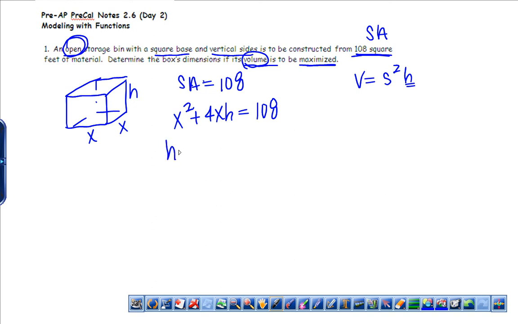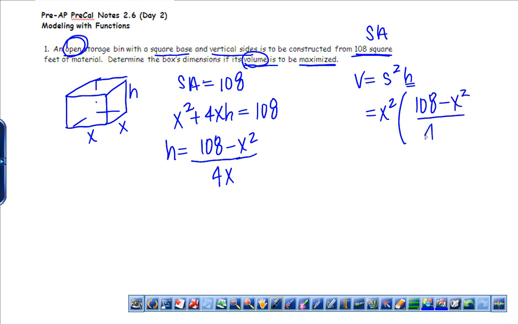If I solve for h, that is going to be 108 minus x squared, sorry about that, over my 4x. Now I can plug that in. So instead of s squared, how about we change that to x squared, since that's what I've got. And my h is going to be 108 minus my x squared over 4x.